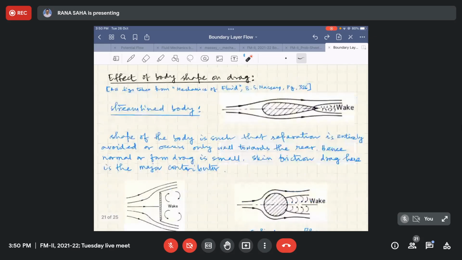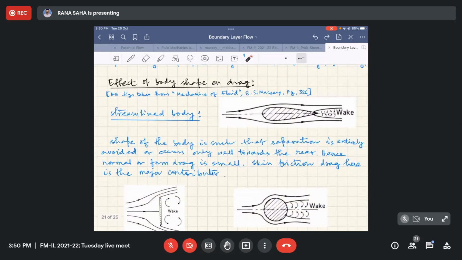So again, in order to reduce the skin friction drag, the technique is one type, and in case of reducing the form drag, the technique is different. For reducing the skin friction drag, you need to have a very polished surface so that the wall shear stress will be minimized.